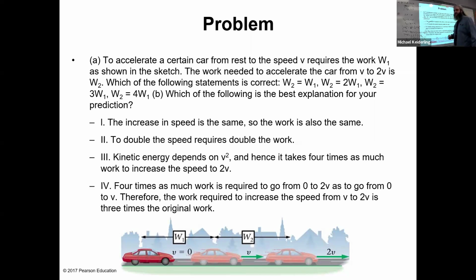And the last one is work 2 equals 3 work 1. Yeah, the kinetic energy at the end is 4 times the kinetic energy at the start, but the difference between 1 and 4 is 3.